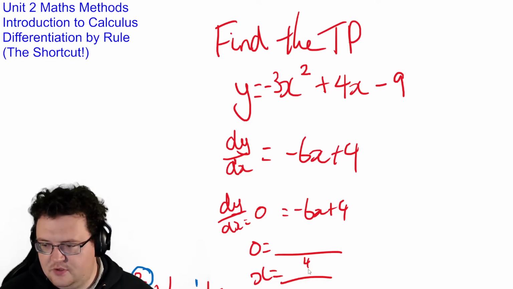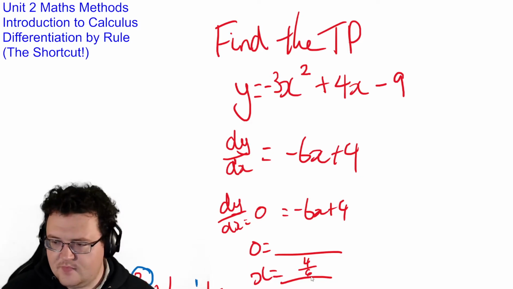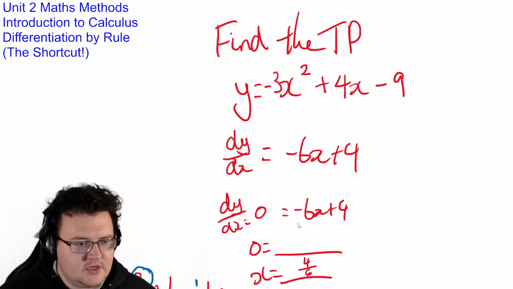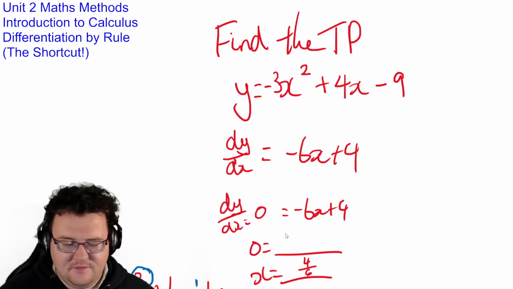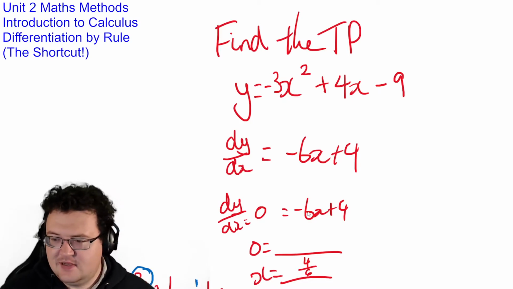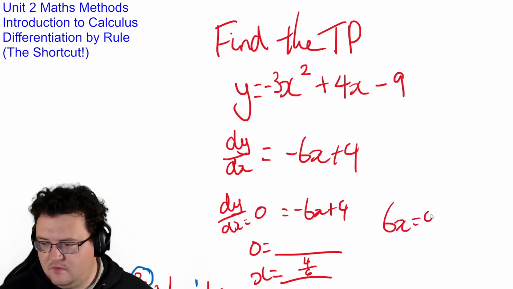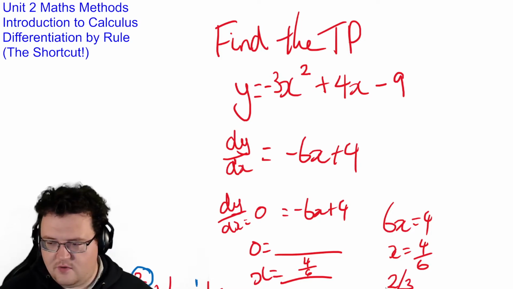So x is equal to 4 over 6, or 2/3. All right. So those of you who said negative 4 over 6, you're also wrong. Because that minus 6x will go over there, become a positive. So I'll get 6x equals 4. That means x is equal to 4 over 6, or 2 over 3.